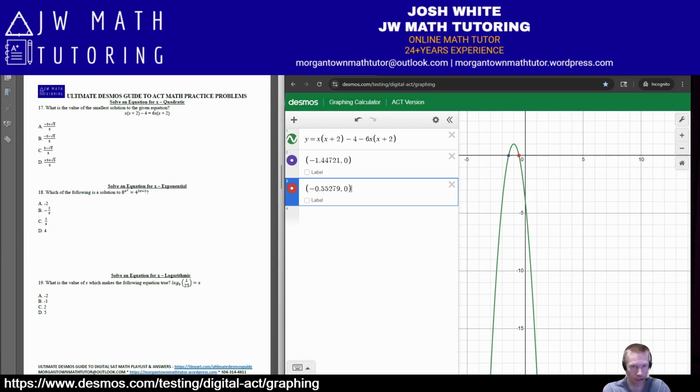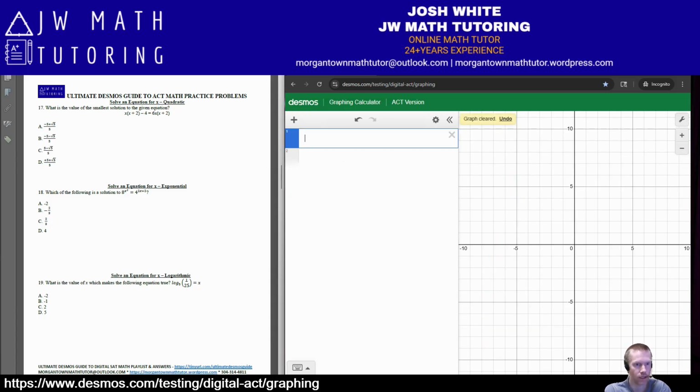It's just that the y value is now 0. So again, we're looking to see which one equals negative 1.4472. What you would have to do is take the original equation, move everything over to one side, so it's y equals everything else, and then graph it from there and look for the x-intercepts.